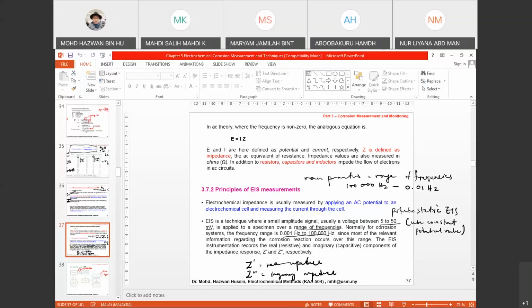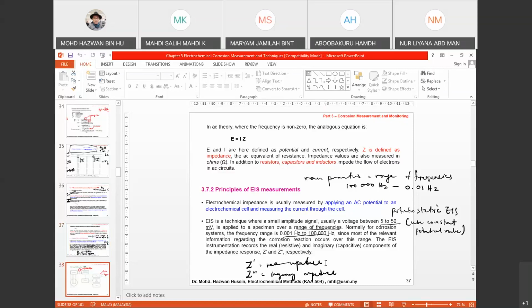It is also measured over a range of frequency from 10,000 hertz to 100,000 hertz down to 0.01 hertz, or probably lower than that. So the bigger the range of frequency, the more information you get, especially in terms of the interface resistance and capacitance produced.